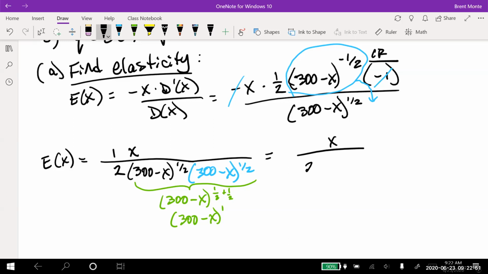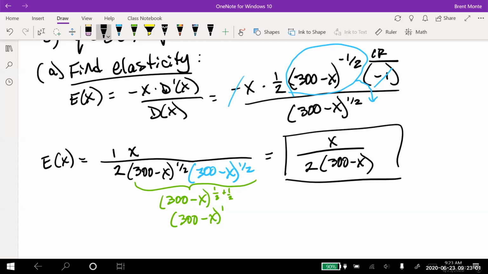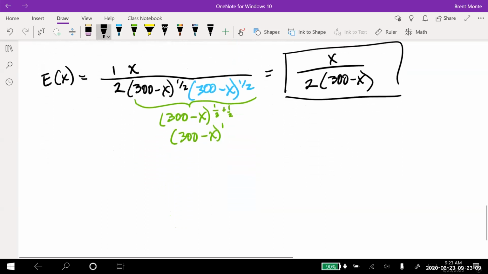The bottom is 2 times (300 minus x). So it's simplified really nicely. And that's my elasticity. I'm going to leave the 2 factored out on the bottom because why not?